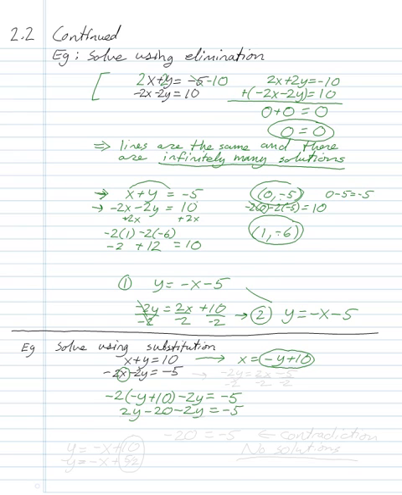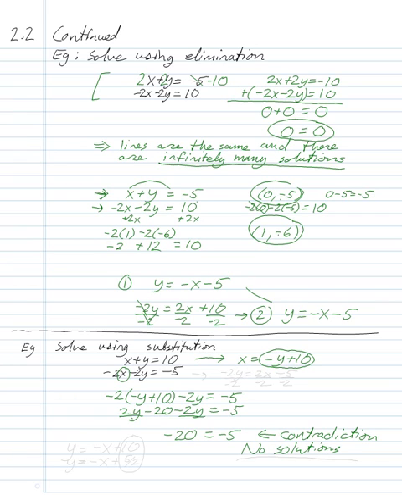Now again, following the same reasoning, if I attempt to combine like terms, if I take 2y and I subtract 2y, I see I have -20 equals -5. Now, in no possible universe is that the case. This is a contradiction. So there are no solutions.